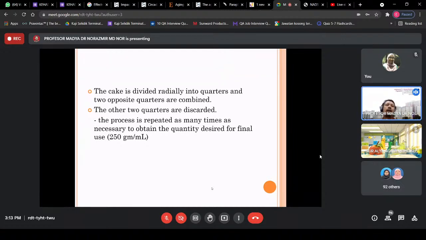Then we divide it into 4 areas. The cake is divided radially into quarters, and the two opposite quarters are combined. The other two are discarded. We throw them away or put them aside. Then the process is repeated until we get a small quantity for final use.